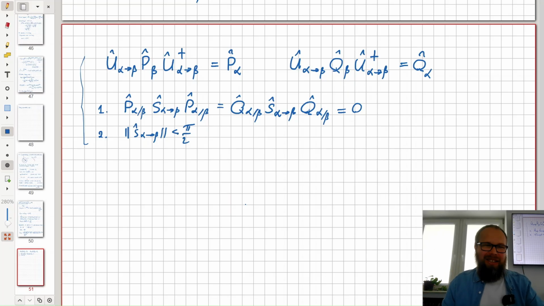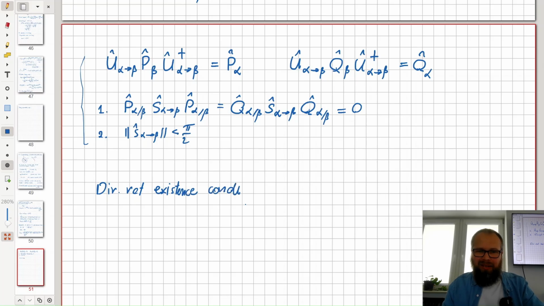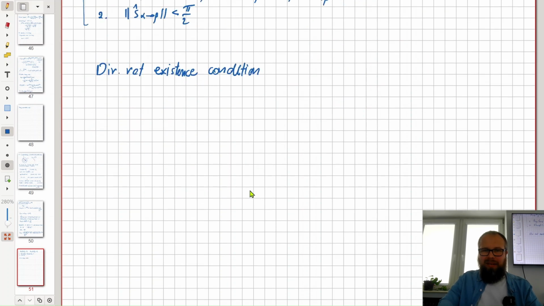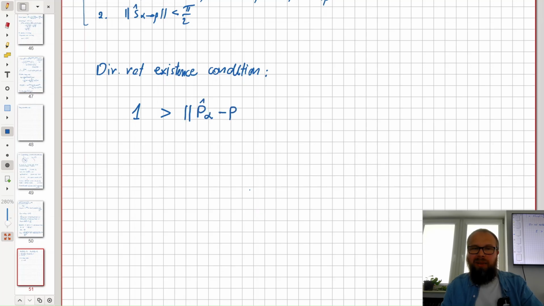Well, there is a very interesting direct existence condition, and it goes that 1 is greater than the norm of P alpha minus P beta.